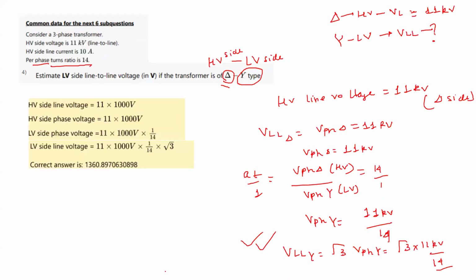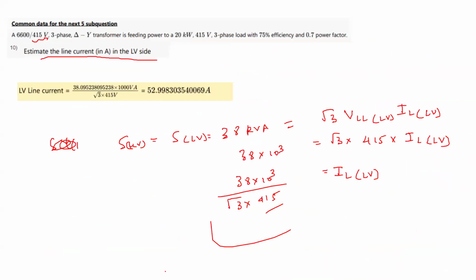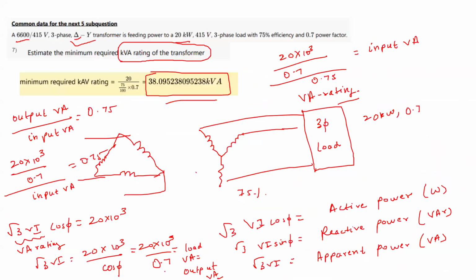In general, efficiency is like 98%, 99%, so we generally take SHV as approximately the same as SLV. But here, for the question's sake, they have given it like this.